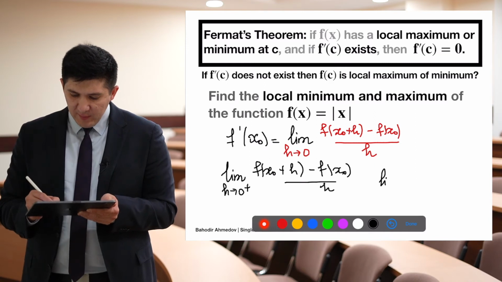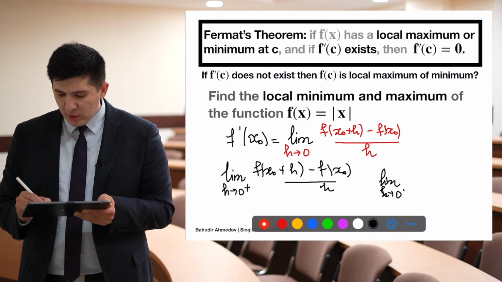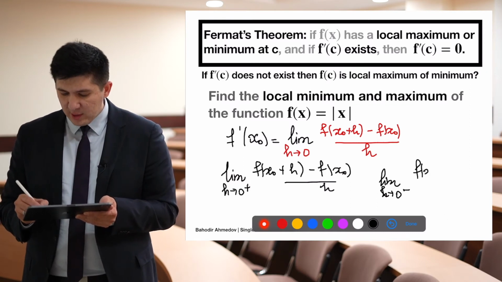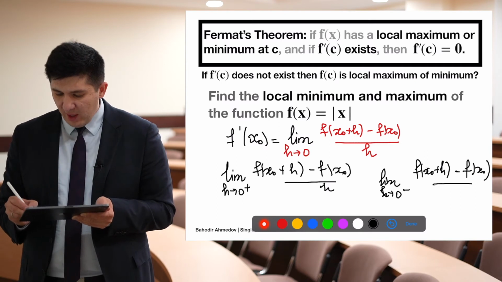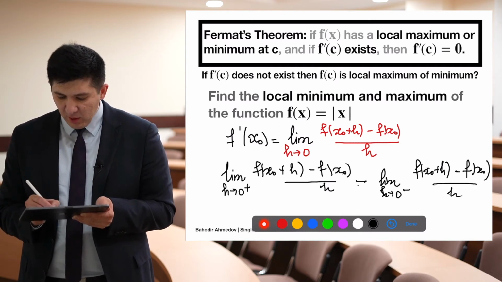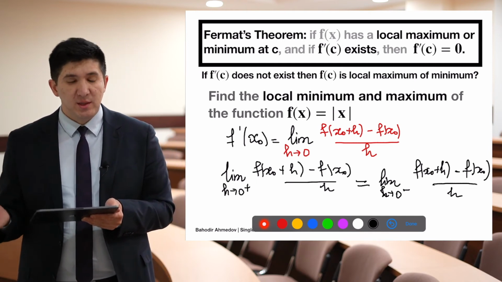And we can find the limit from the left, h goes to 0 from the left, f of x0 plus h minus f of x0 divided by h. And if and only if these two limits are the same, then the derivative does exist.